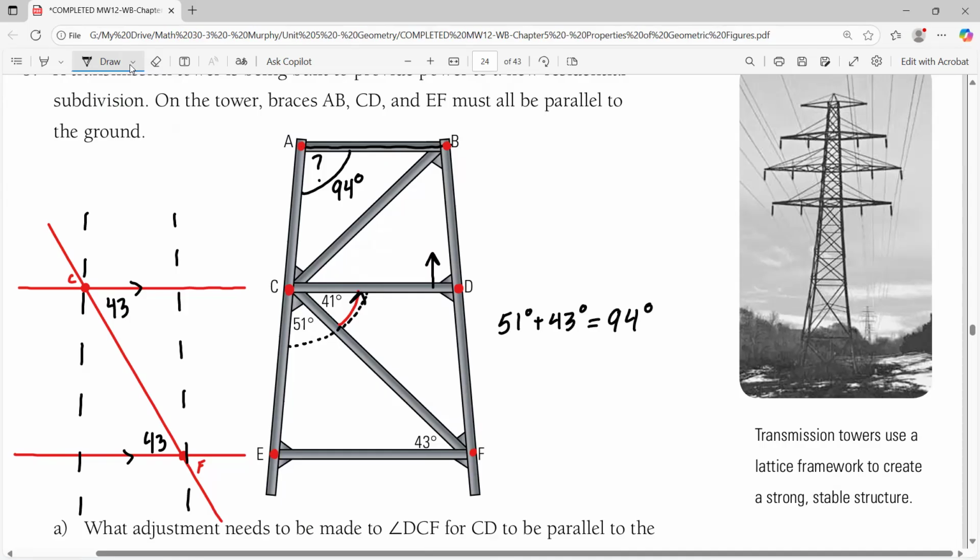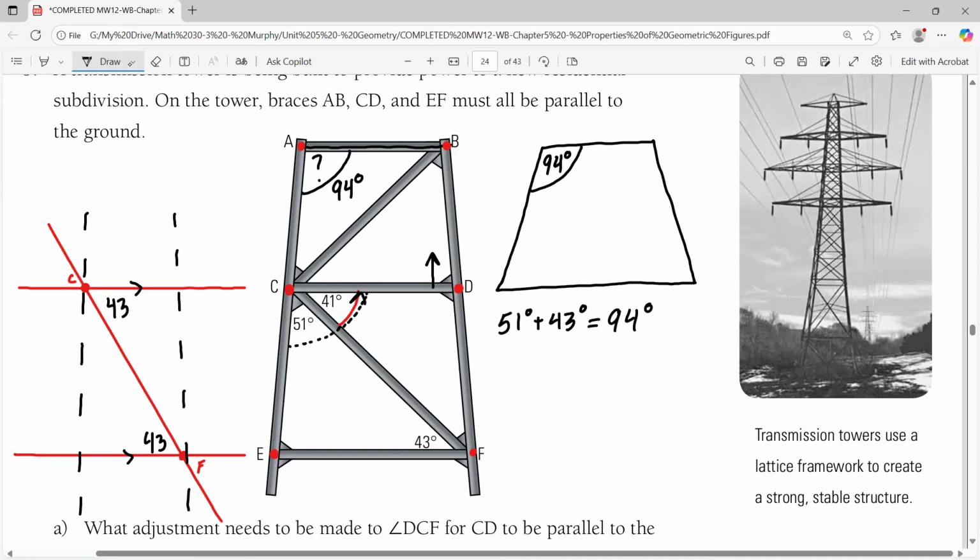Okay, these are identical trapezoids, and the reason is one's just smaller in size. So the trapezoid I'm talking about is this one. This has to be 94 on the trapezoid.